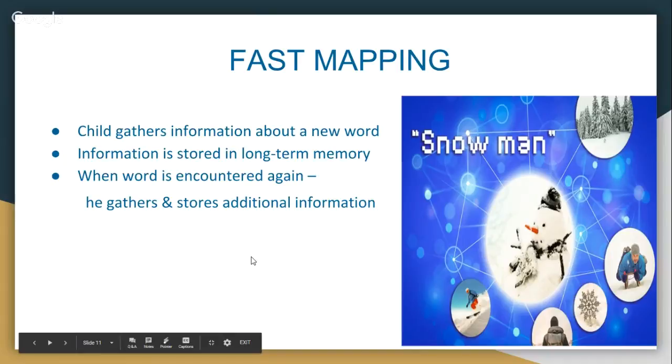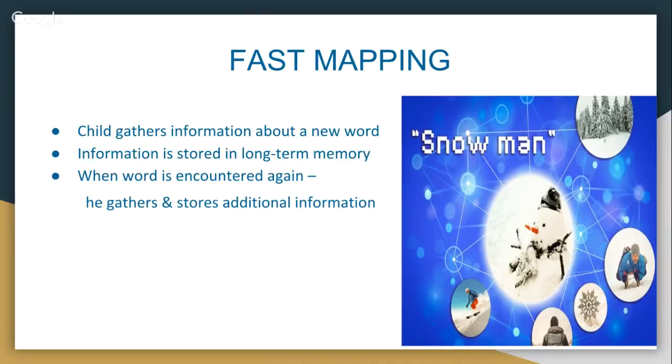So fast mapping. What exactly is that? It's when a child gathers information about a new word. They take that information that they've learned during that first exposure and they store it. When they encounter the word again, they store additional information.